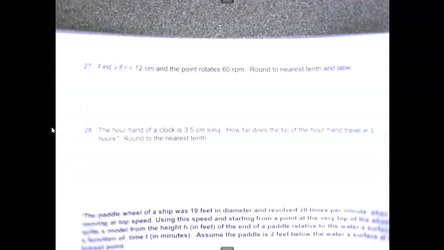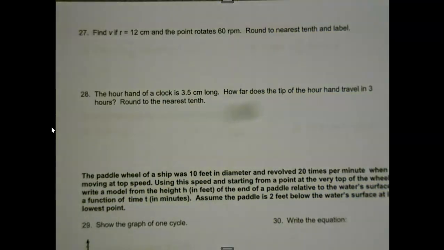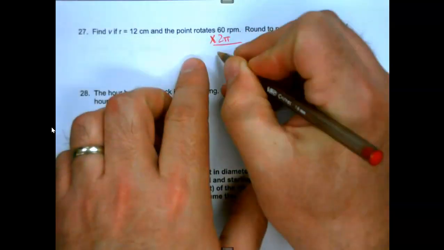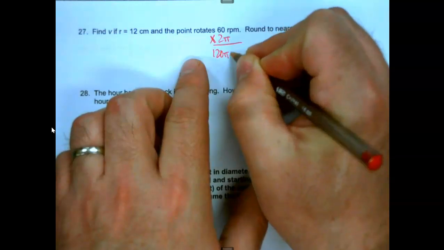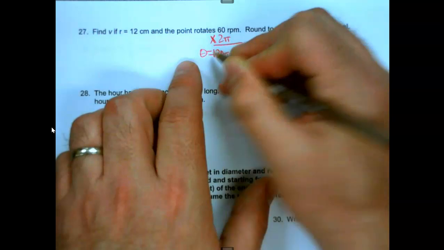So as we flip to the back, last page. Find the linear velocity if your radius is 12 and the point rotates at 60 revolutions per minute. These are the ones that we have to get into radian mode. That is now my angle measure.